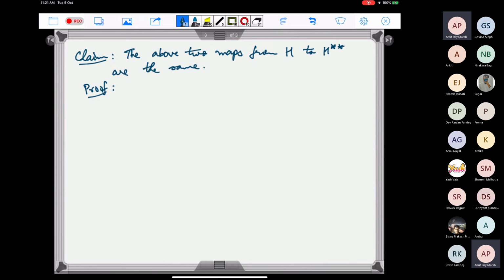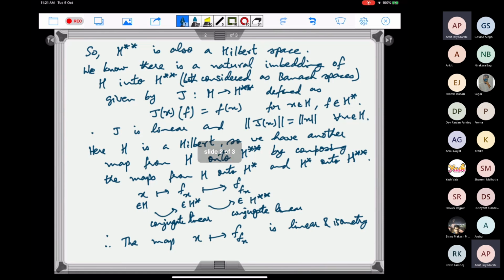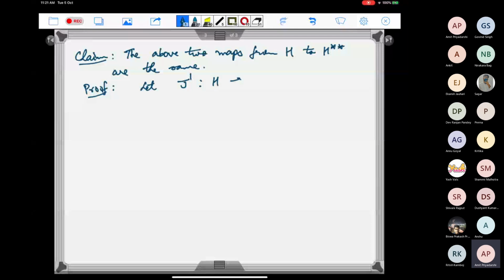So the first one is x going to f sub x, and the second one is x going to J of x, right? So let's call this other map J dash. So let J dash from H to H double star be the map.